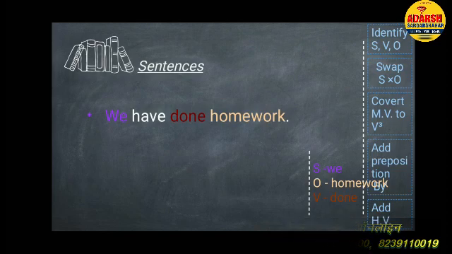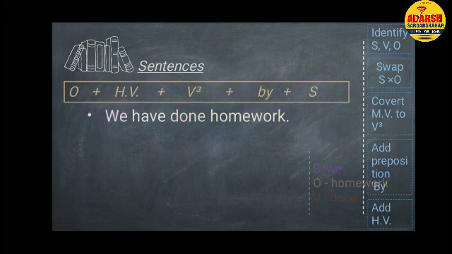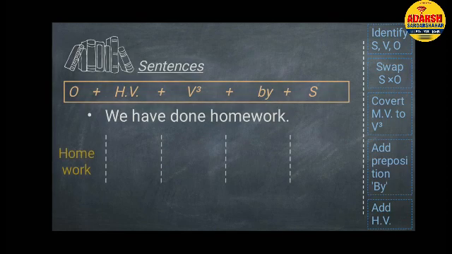Now let's start converting the sentence. So let's write here our formula, which is object plus helping verb plus verb's third form plus by plus our subject. Now let's put our object in the place of our subject. As we know that our object is homework, so we put it in the place of our subject. Now we need to put a subject also in the place of object.